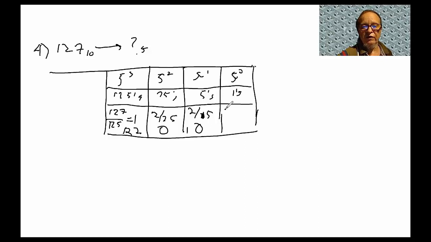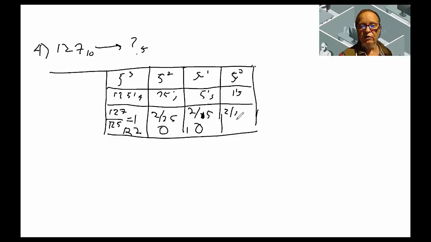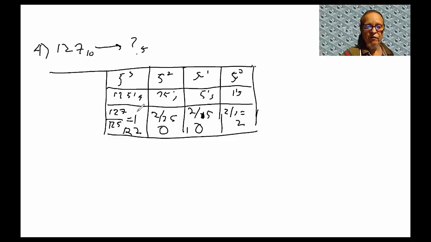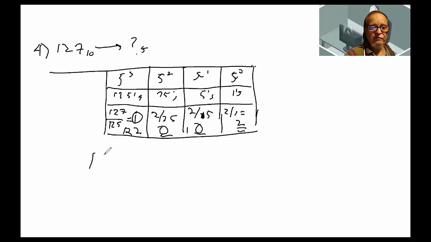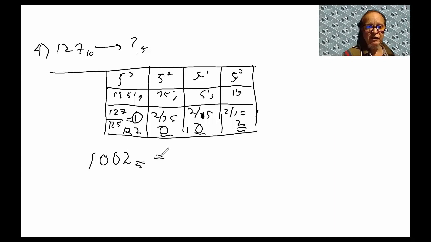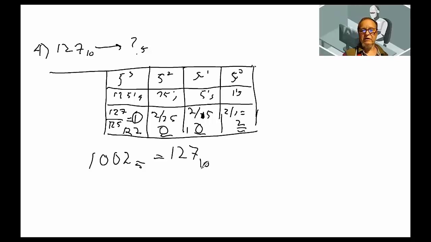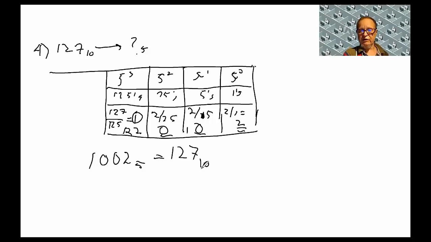So we'll carry the 2 finally over here, 2 divided by 1, and that is equal to 2. So that means that we have 1, 0, 0, 2 in base 5. So 1, 0, 0, 2 base 5 is equal to 127 base 10. So they really do mean the same thing. Of course, as you see, it's much easier using a table than using blocks.